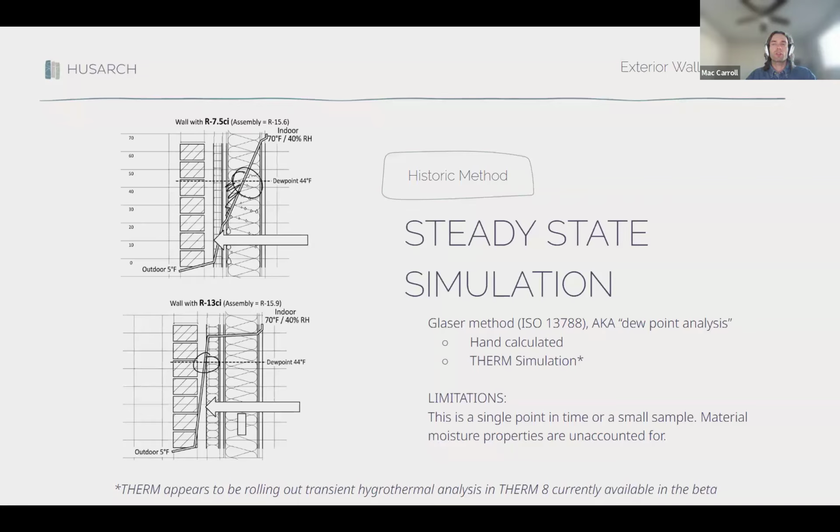In looking at these wall sections, you can see it in the way that we'd look at this. Condensation is basically the overlap of the wall section temperature graph where it matches the dew point temperature. That's the indication of where condensation is going to occur in the wall.